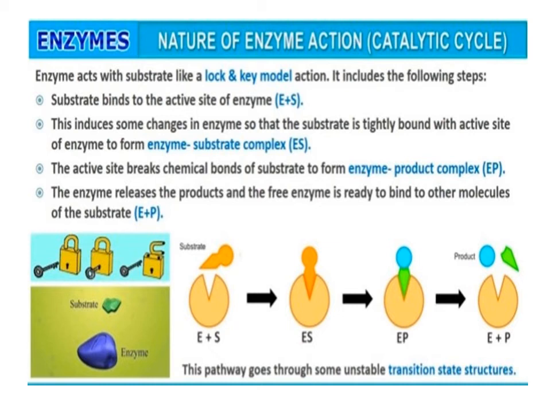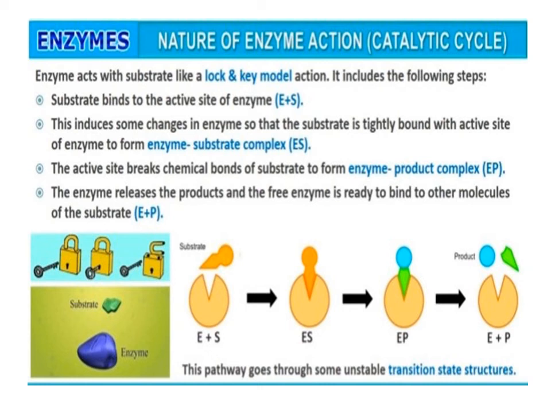Nature of enzyme action. It is also called the catalytic cycle. Each enzyme has a substrate binding site in its molecule. As a result, a highly reactive enzyme-substrate ES complex is formed. This complex is short-lived and dissociates into its products P and an unchanged enzyme, through the formation of an intermediate enzyme-product complex EP.